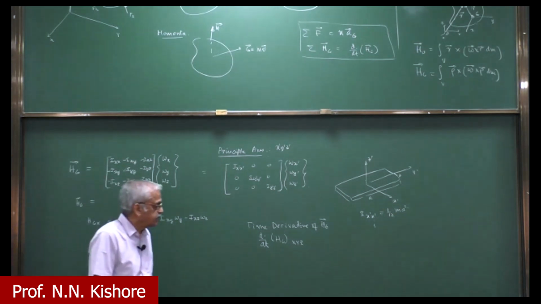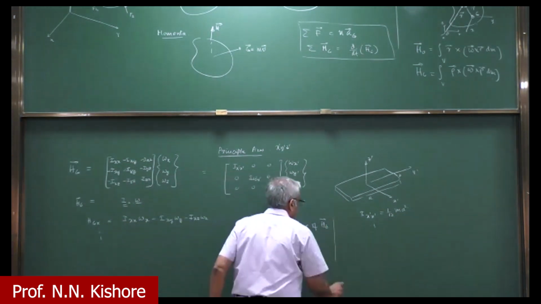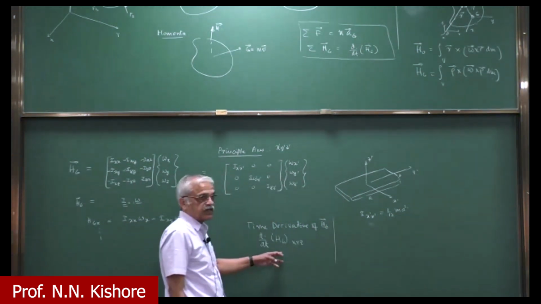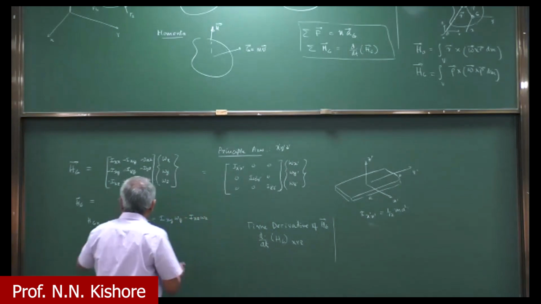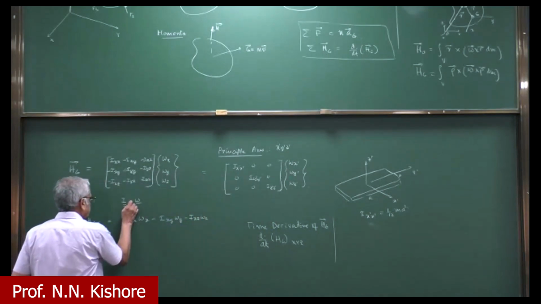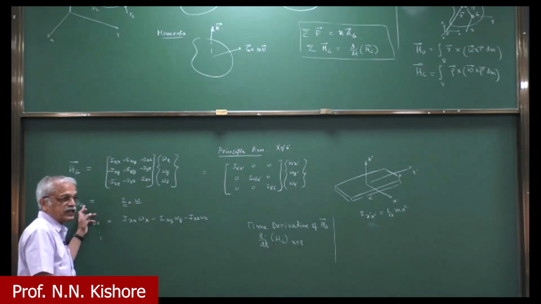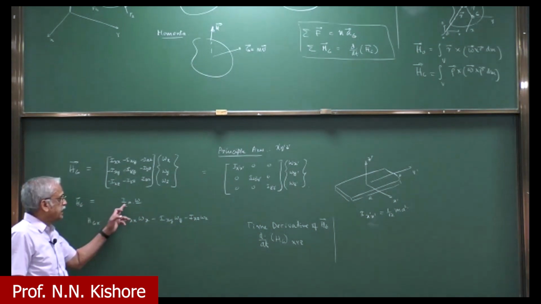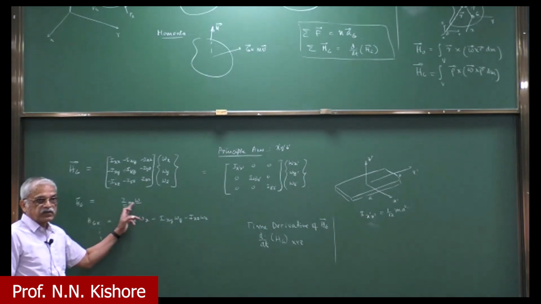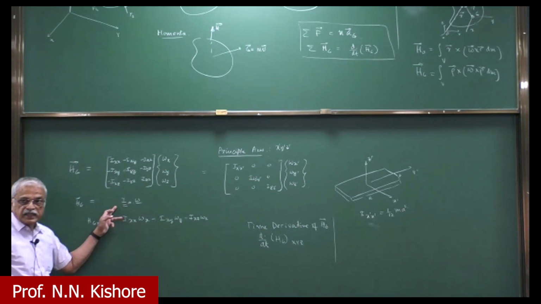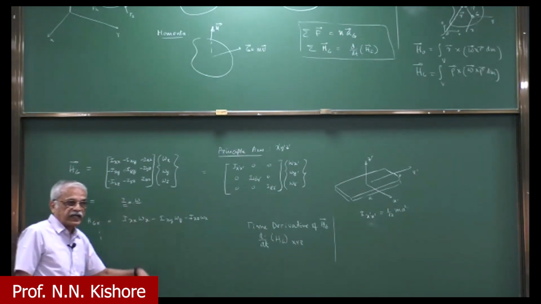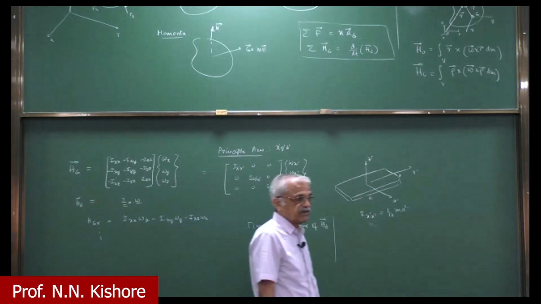So why we want to do that, what is the problem with this one? If you want to take the time derivative of this one, then this is a product of two terms. So you have the inertia derivative times omega and I times omega derivative.